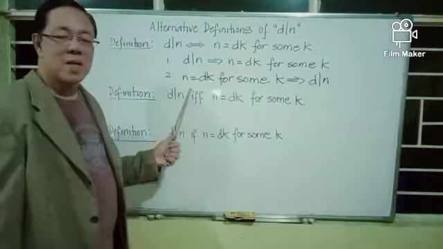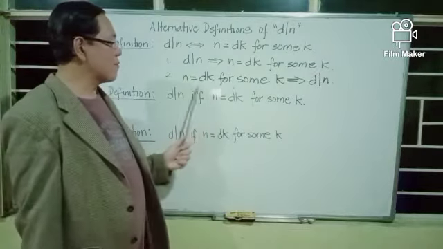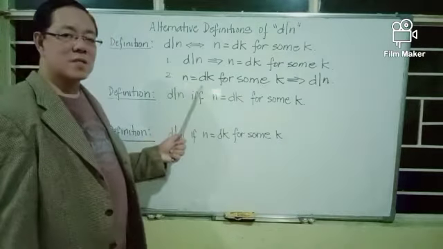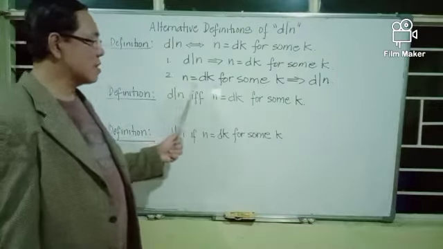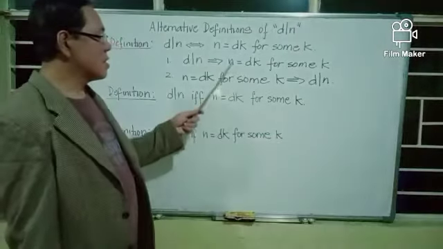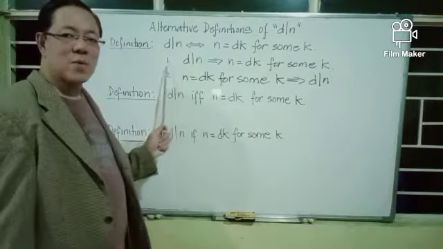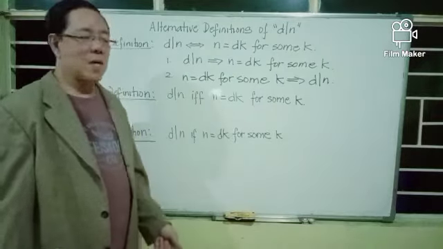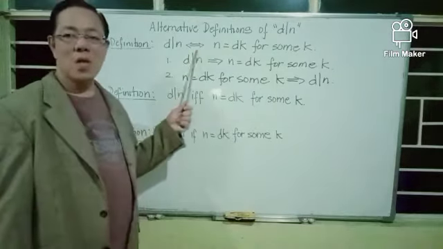And the other statement is, for some integer k, if n equals b times k, then this implies that b divides n. But these two statements can be combined as a single statement, resulting in the double implication.